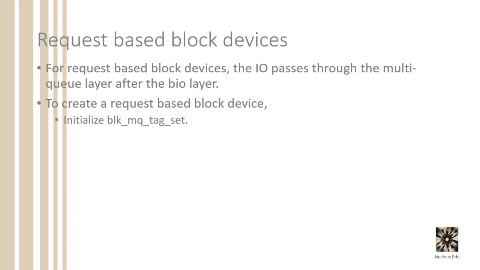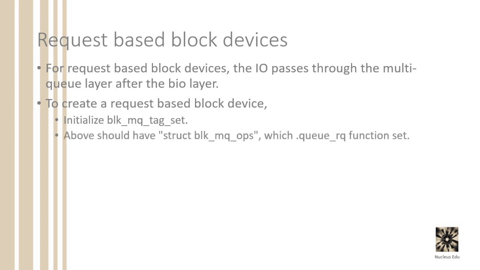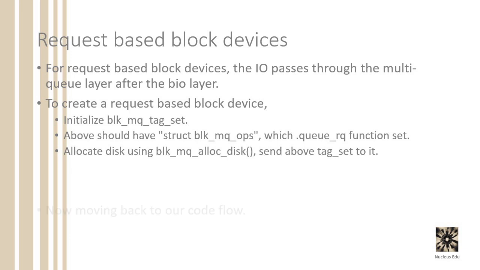First, you have to initialize the blk-mq tag set, and the tag set should have the struct blk_mq_ops structure set, which should have the .queue_rq function set. Then, using that tag set, you allocate the disk using blk_mq_alloc_disk, and this is how you get your request based device.